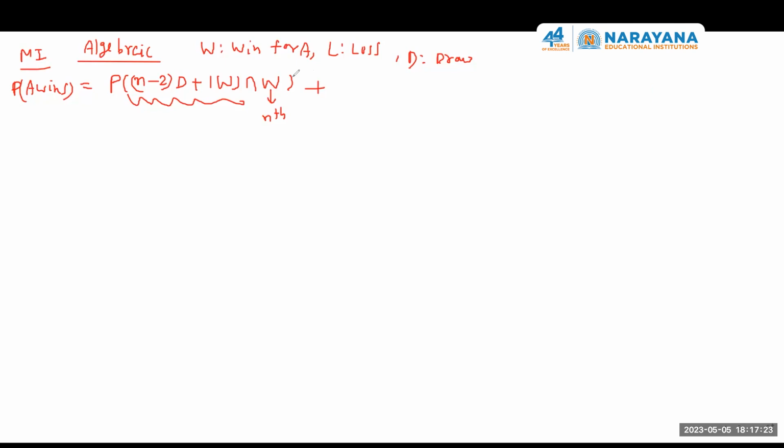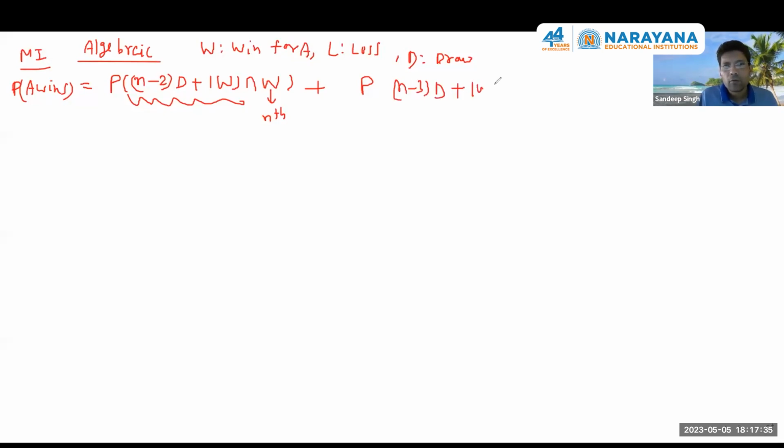Yes, sir. Okay. What is the second case? Exactly 1 loss. A can bear at most 1 loss. So n-3 draws. Does everyone understand this? 1 win, 1 loss in any permutation or combination, but the last must be a win. And this also I will sum from 2 to infinity, because the minimum number of matches required in the first case will be 2 and in the second case 3.